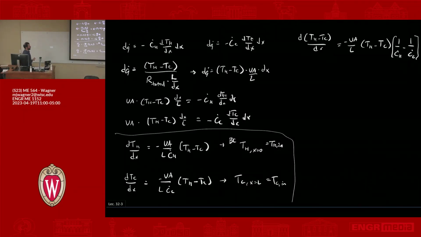Why would I do that? Well, I can now make a substitution that theta is equal to TH minus TC. Express this in terms of theta: d theta dx equals minus UA over L times theta times (1 over C dot H minus 1 over C dot C). Now I can just solve this for theta. That's easy to do.